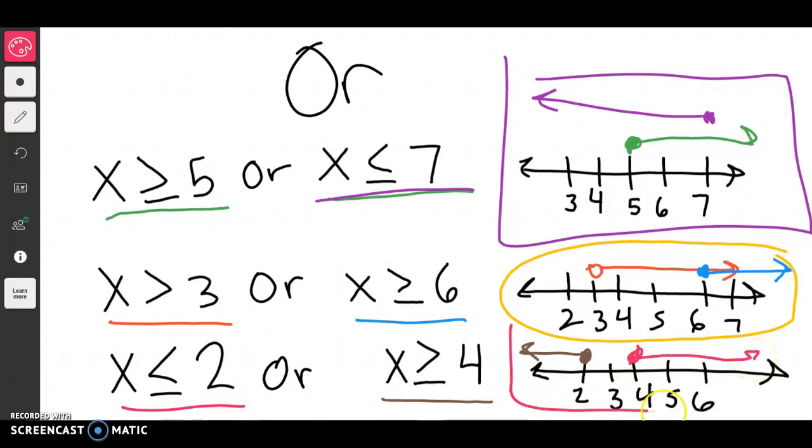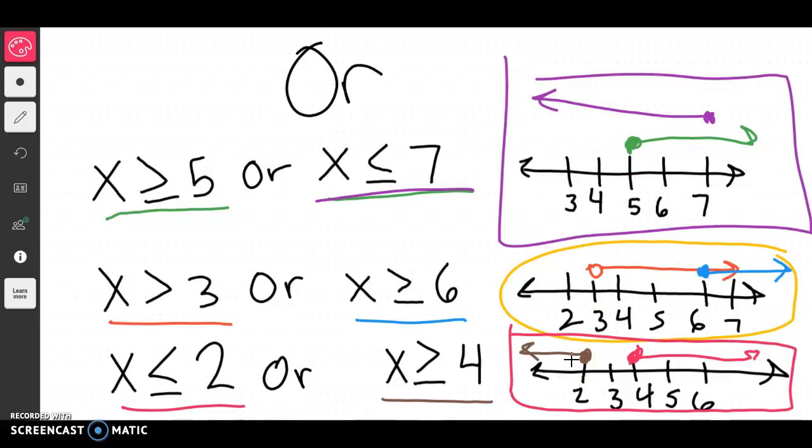And again, this would be my answer. And again, that kind of makes sense. It's got to be less than 2, so this would be my less than 2 side. It's got to be greater than 4, so that's my greater than 4 side. We don't have to worry about no answer because for OR statements, we are not worried about the overlap. We just graph the 2 on the graph, we see what they look like, and those are all our answers.